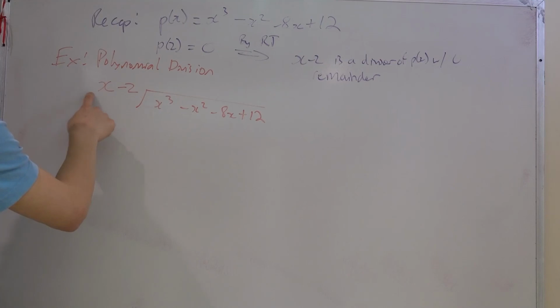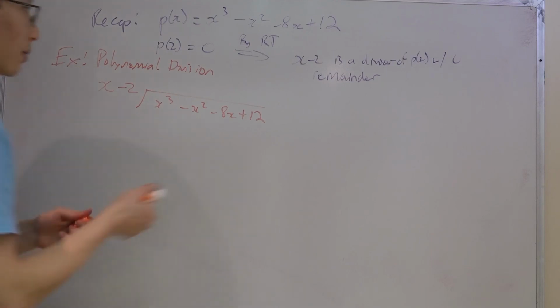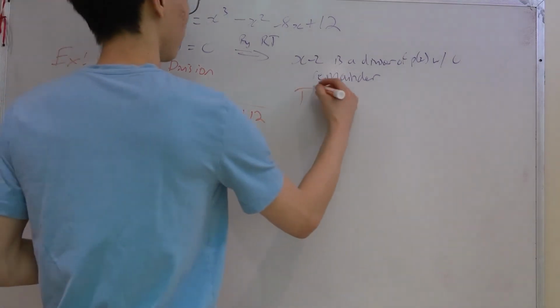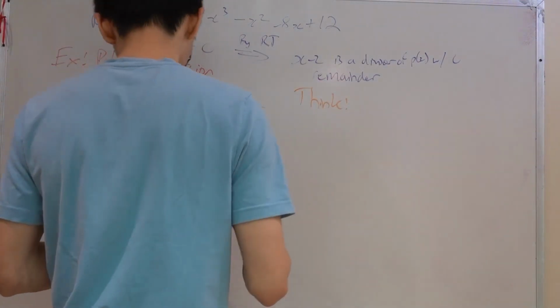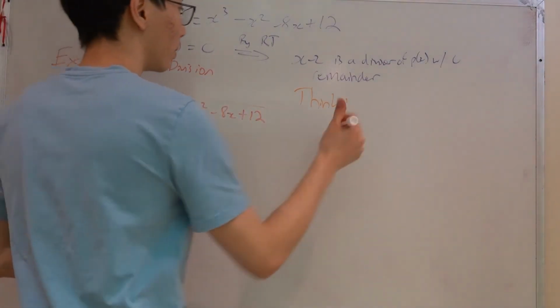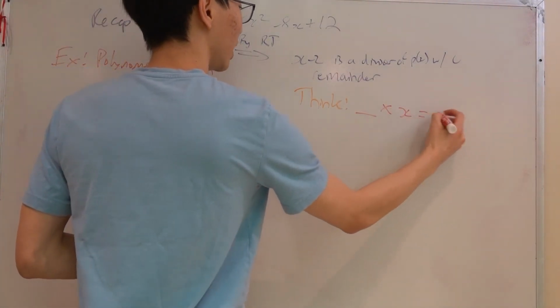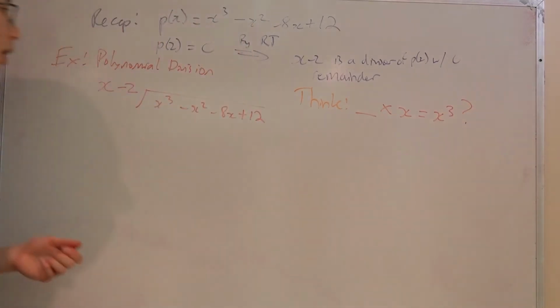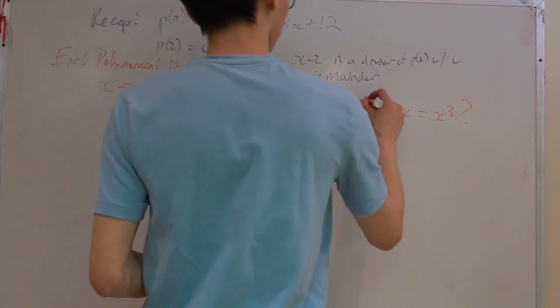Now, what we're gonna do is see how many times does x go into x cubed. In other words, what number times x gives me x cubed? Think about it for yourself. And it's actually x squared.